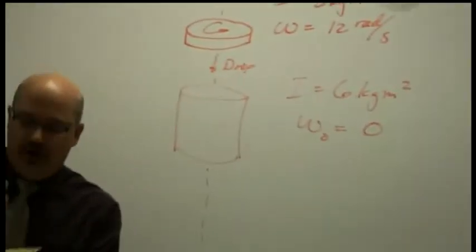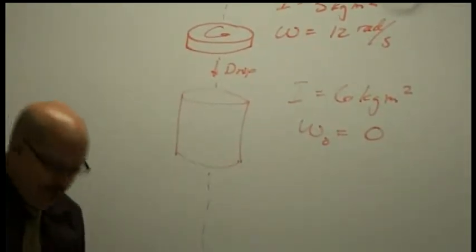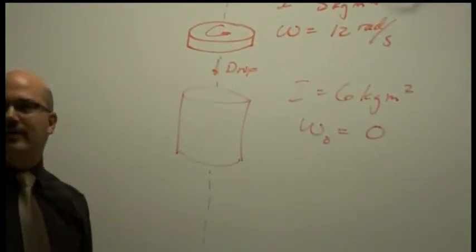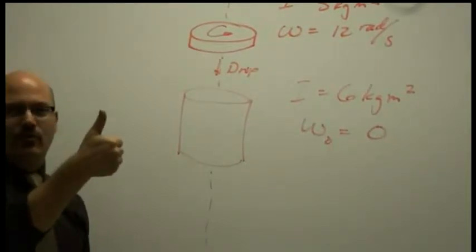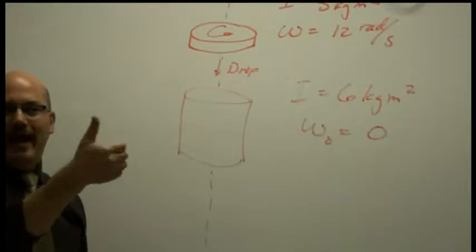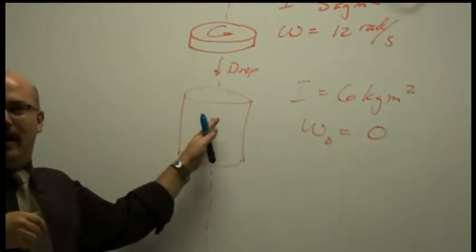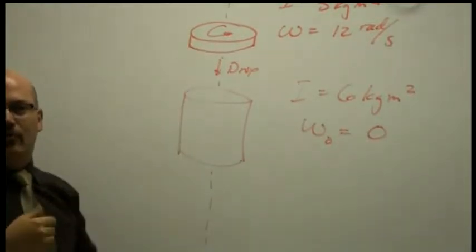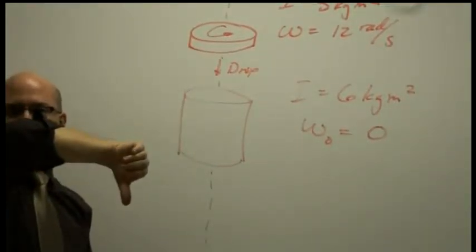When these two collide and they apply a torque to each other, notice the top one is going to apply a torque which way? Upward. An upward angular impulse. And the bottom one is going to apply an angular impulse to the top one downward, through friction.